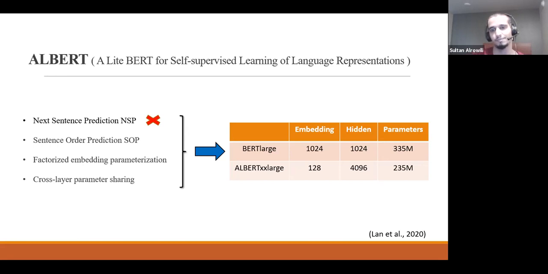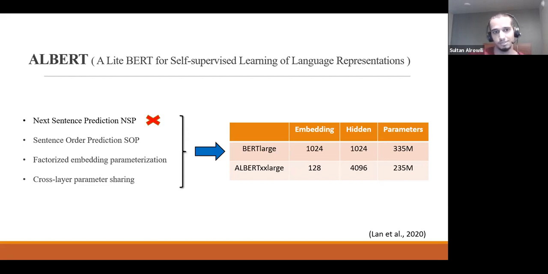So the numbers always match. What they did is factorize it by decreasing the embedding. The embedding here is the word embedding, which is tied with the vocabulary file. By doing such an idea, we can decrease the parameters. Also, another new idea, there are a couple of transformer layers inside the transformer architecture.